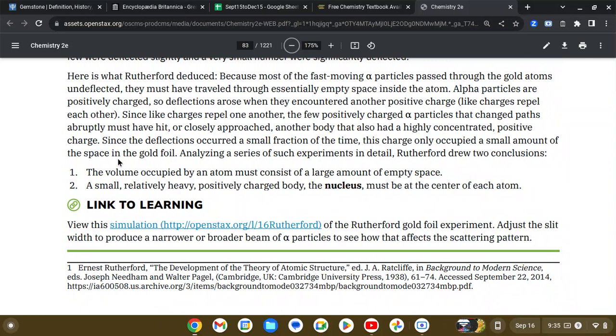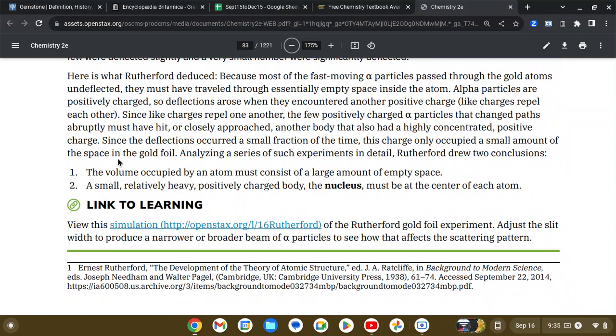Here's what Rutherford deduced. Because most of the fast-moving alpha particles pass through the gold atoms undeflected, they must have traveled through essentially empty space inside the atom. Alpha particles are positively charged, so deflections arose when they encountered another positive charge. Like charges repel each other.